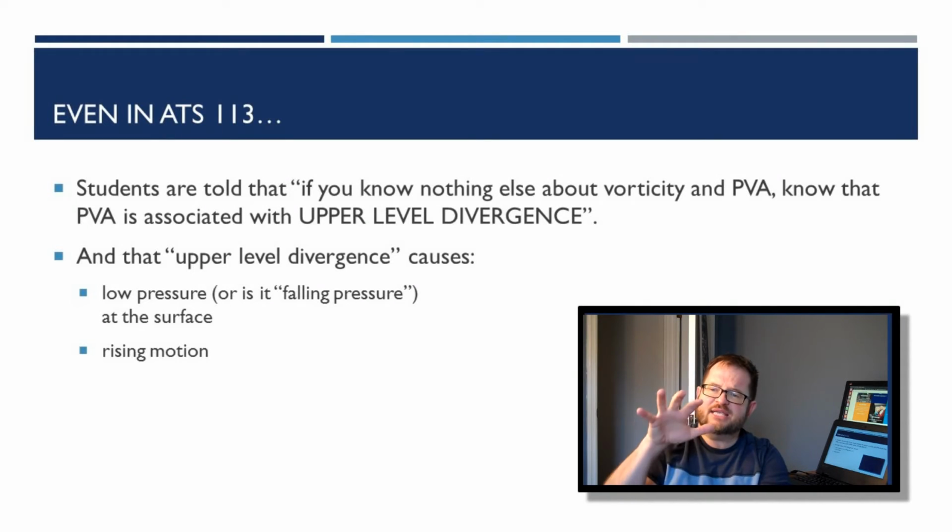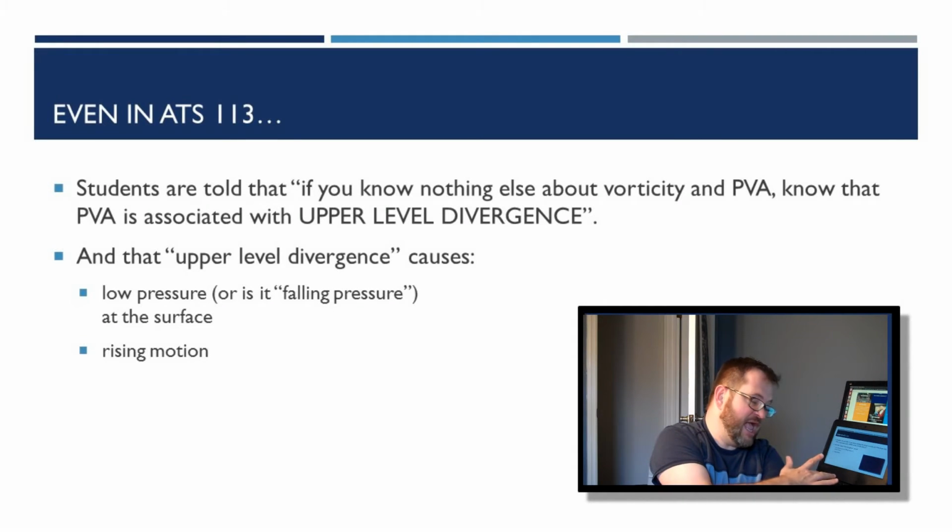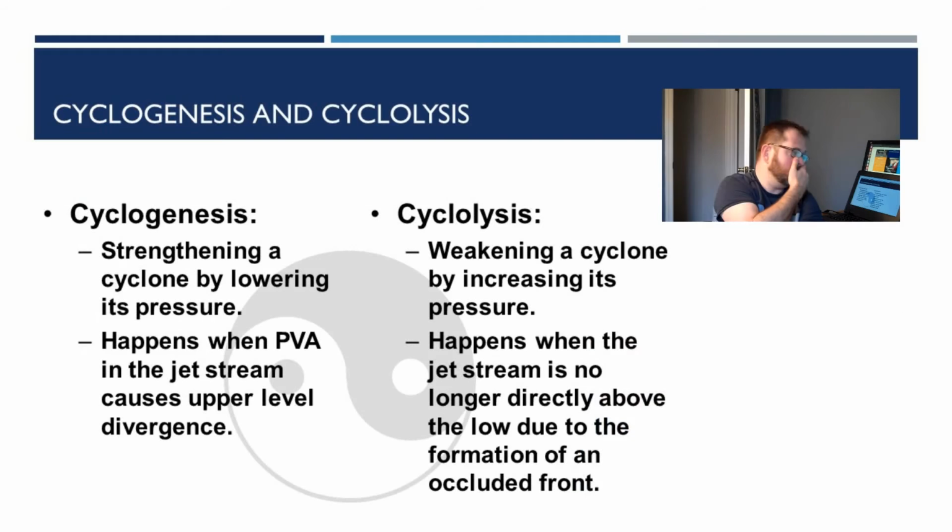If you only ever know that positive vorticity advection causes divergence at that same place, and then deal with what the divergence means, that would be a good place to start in understanding positive vorticity advection and what that means for weather.